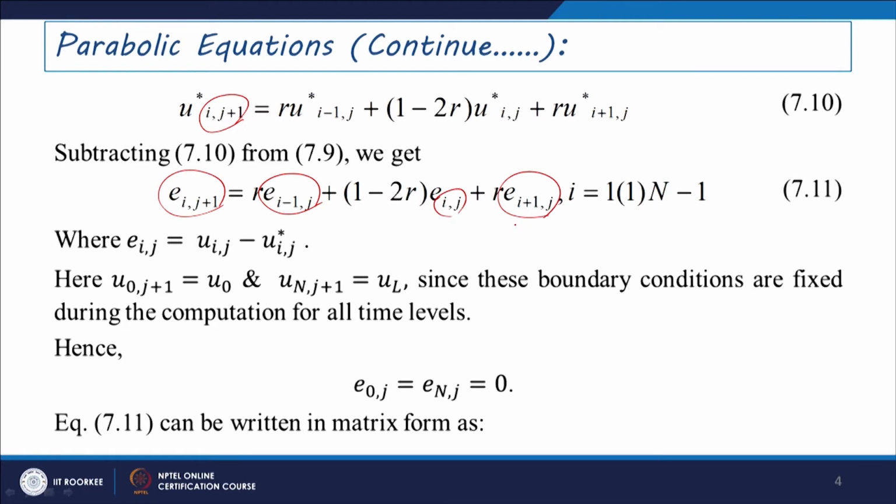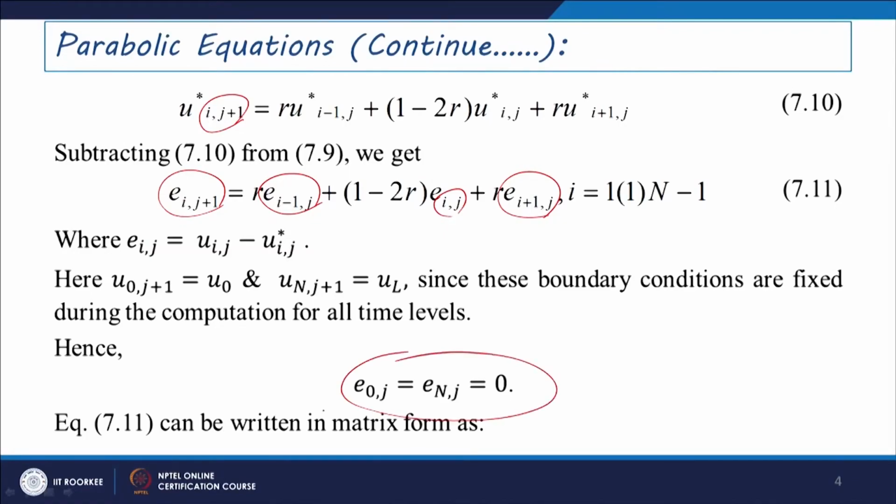We know that along the boundaries the values are exact, since the exact solution is provided along the boundary, which should be satisfied at each time level of the calculation. So we cannot differ from these boundary condition values at any step of calculation. That is why we consider e 0 j and e n j equal to 0, since the error along the boundary is 0, as the values are provided exactly.